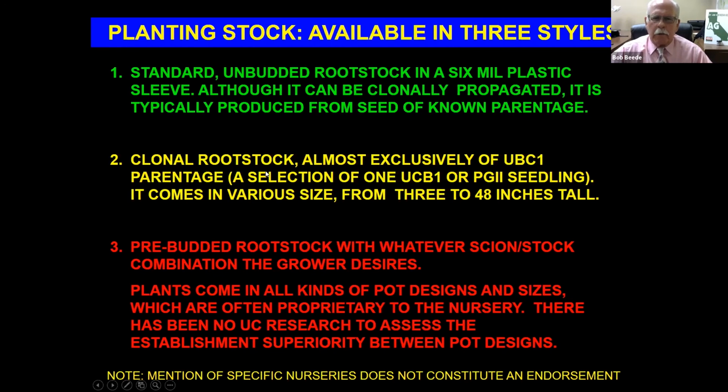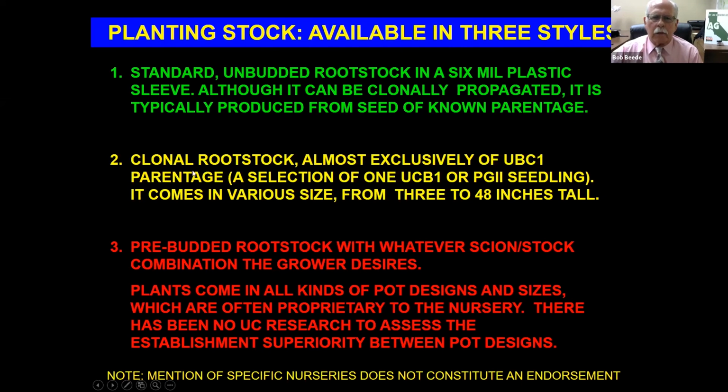And as Elizabeth pointed out, both UCB1 and PG2 have the same parents, but they are reversed in their role in creating the seedlings. And from these PG1 seedlings, there has been a selection of one of those that's now been clonally propagated for its verticillium resistance and vigor, which is now called Platinum.